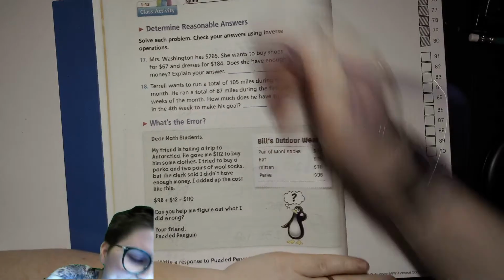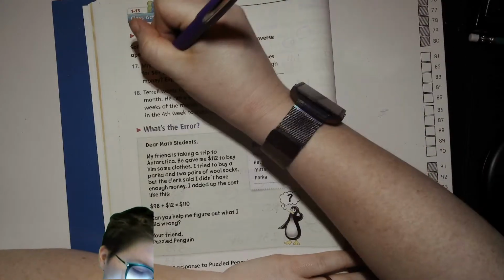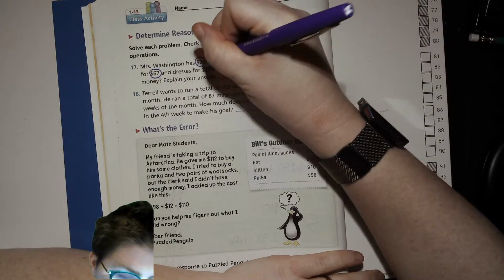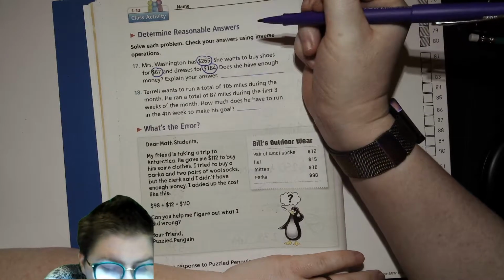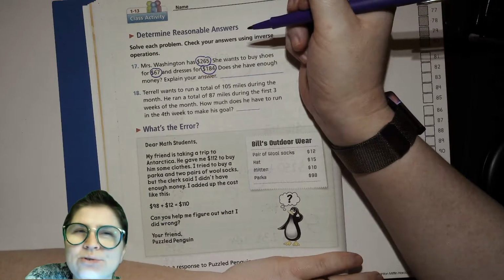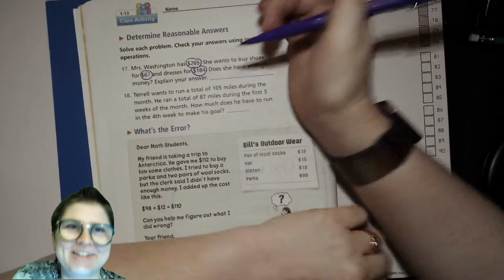Mrs. Washington has $265. She wants to buy shoes for $67 and dresses for $184. Does she have enough money? Explain your answer. Ooh, I can see they're tricking you a little bit. Or they're trying to, but they're not going to get us.